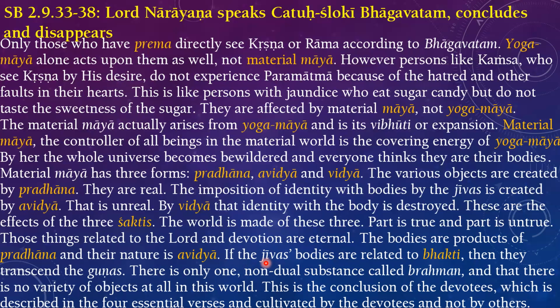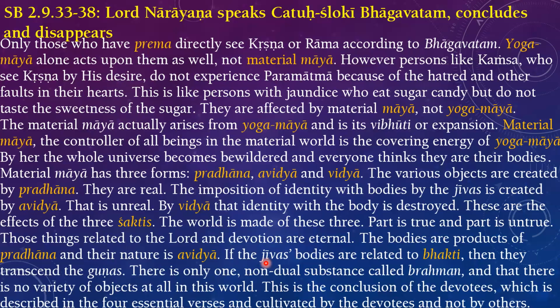They come for some time, they stay for some time, they again withdraw. Everything is withdrawn. So in reality, the Lord alone exists eternally. The permanent real object is the Lord alone.